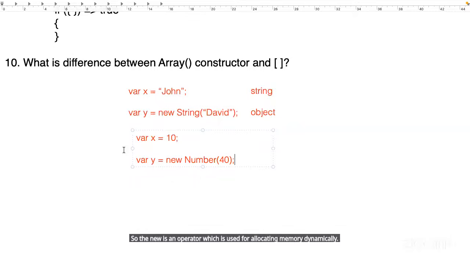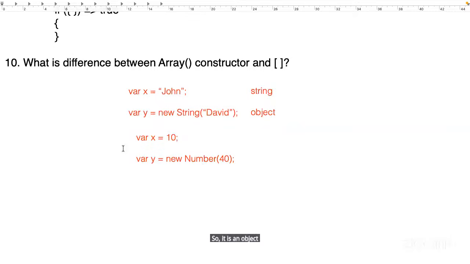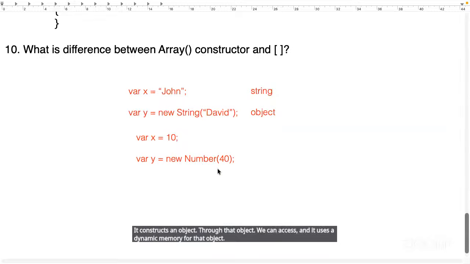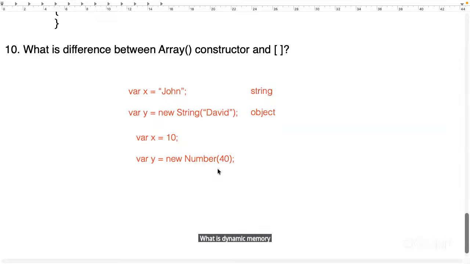It constructs an object, and through that object we can access it, using dynamic memory. What is dynamic memory? Memory newly allocated for every request. Static is continuous memory and dynamic is disconnected.